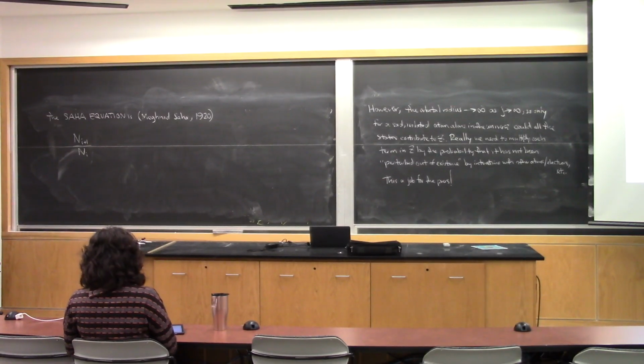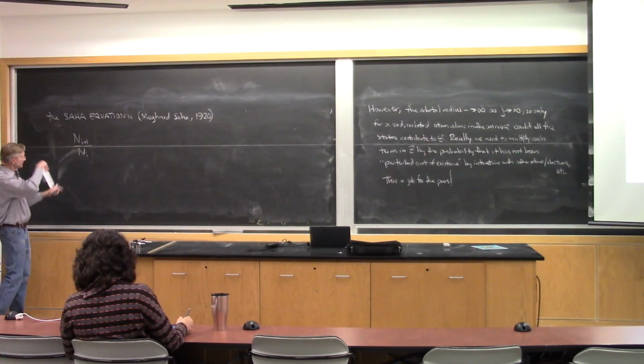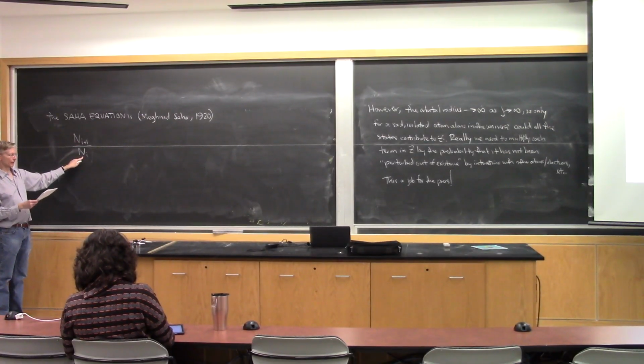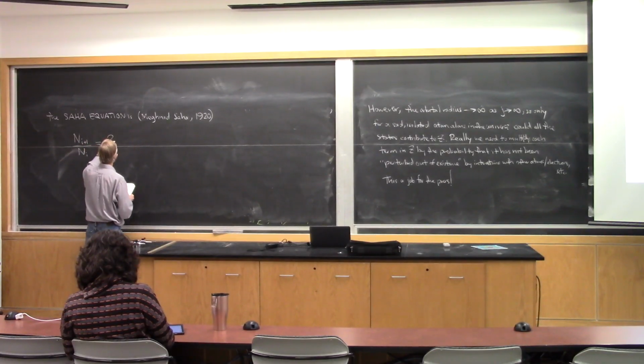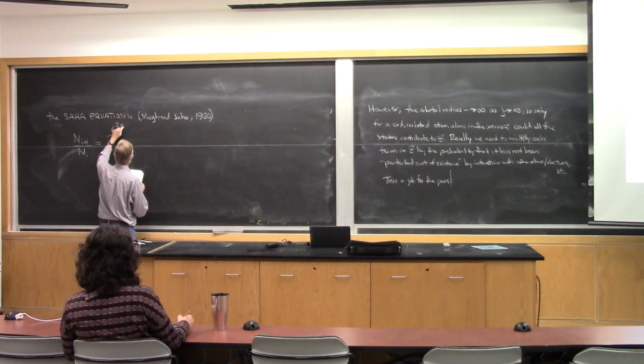N_{i+1} over N_i, the number that have lost i+1 electrons over the number that have lost i electrons, is equal to 2, which turns out to come from the two spin states for the electron.